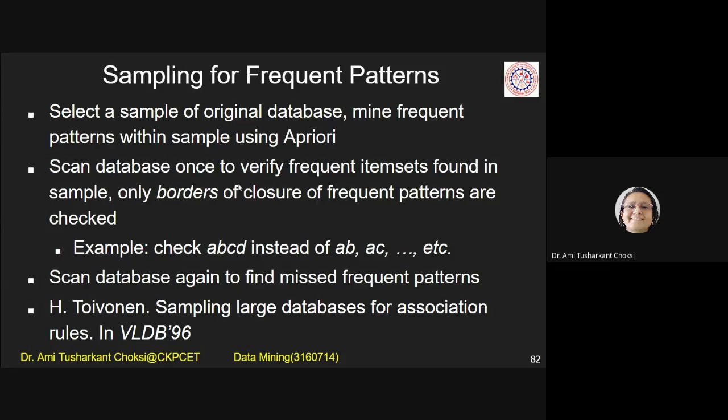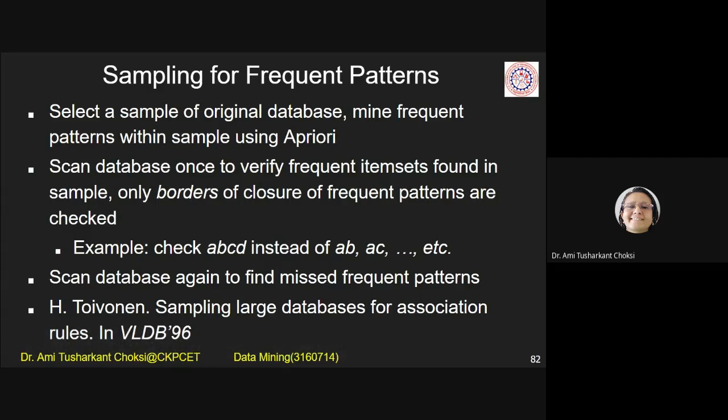Scan database once to verify frequent item sets found in sample. Only borders of closure or frequent patterns are checked. For example, check ABCD instead of AB, AC, etc. Scan database again to find missed frequent patterns.